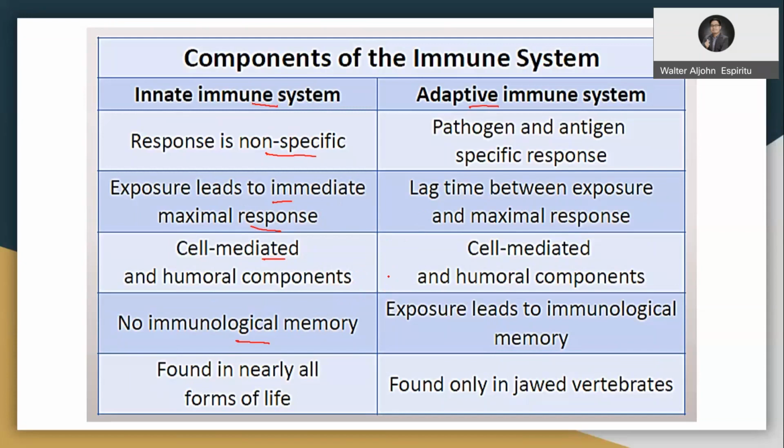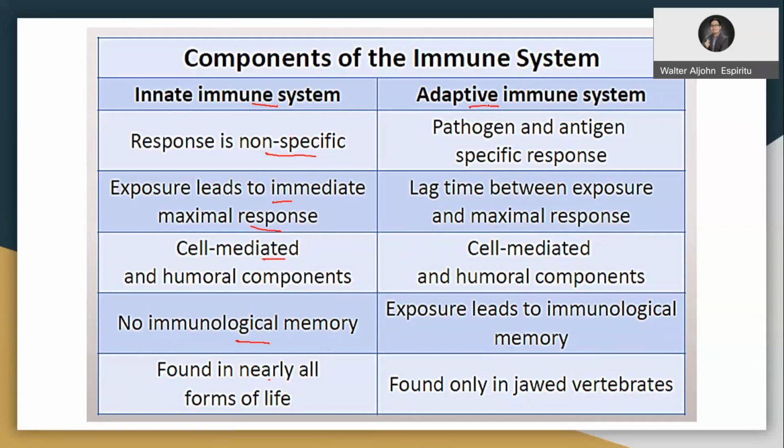As long as the pathogen is detected, they will remove it from the body. This innate immune system is also found in all forms of life, because it's the basic and first level of immunity against invading cells and pathogens.